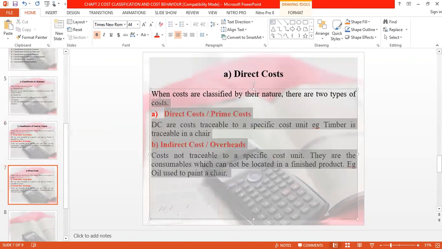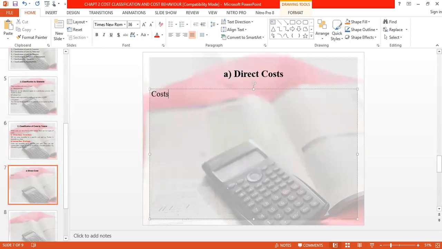We have said these are costs traceable to a specific cost unit. So what I want us to look at here is the types of classification of direct costs.